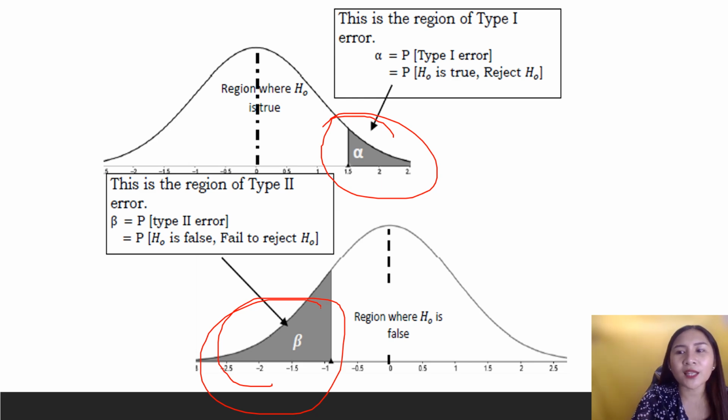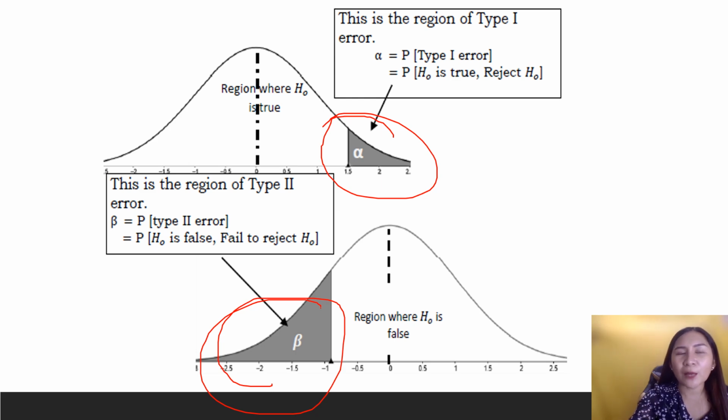The type 1 and type 2 error rates influence each other. That's because the significance level, or the type 1 error rate, we call the significance level our type 1 error rate because we base the decision of accepting or rejecting the null hypothesis on the significance level of our given study.